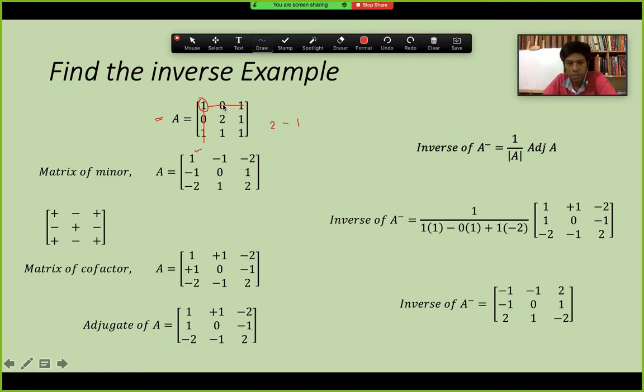Then this is called matrix of minor. Minor means this way we take all the boxes. Let me show you first few calculations, how they come. So first one comes for this box, 2 1 1 1.